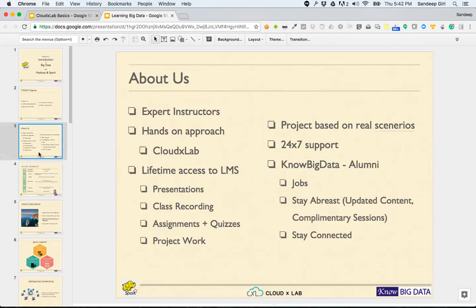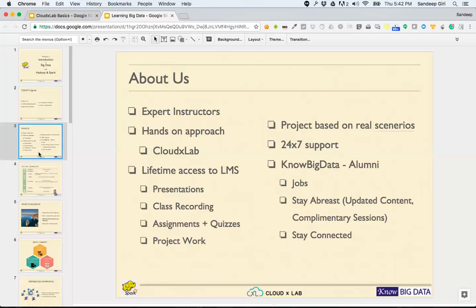We are from a company which provides learning experience. And the way we provide learning experience is by way of 2 products. One is called No Big Data, other is called CloudxLab. At No Big Data, we provide expert instructors, and the approach is very hands-on because it's complemented with a real-life lab.